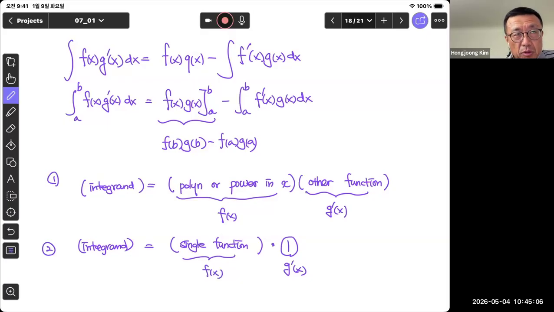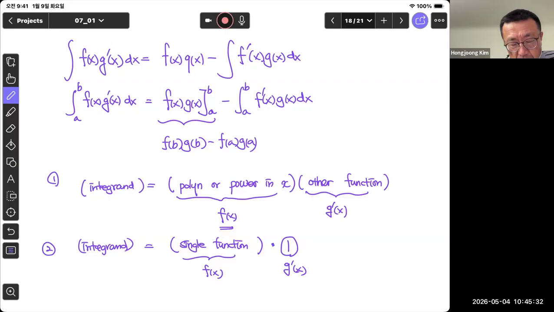I will introduce some more types for the integration by parts. This is not the general rule, but usually if your integrand has some polynomial or power in x, that part will be denoted by f(x).